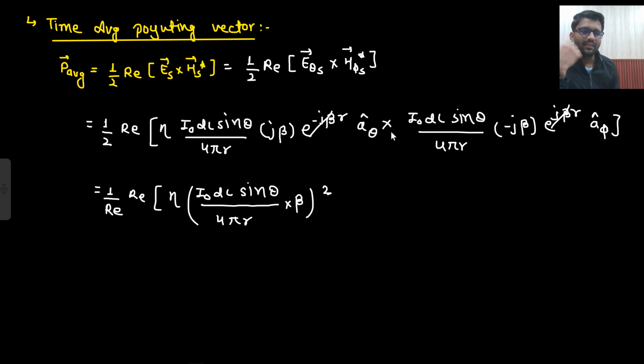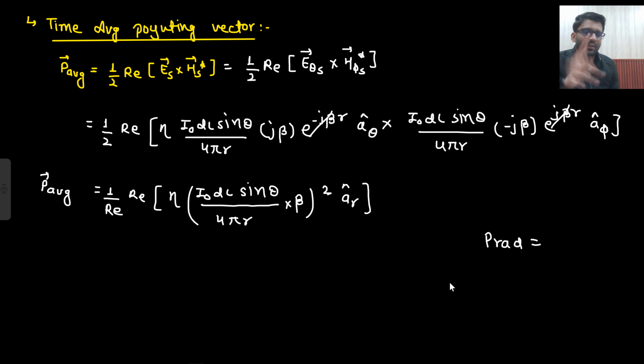What is that? A theta cross a phi is a_r cap. So this is some expression you are getting, and no one needs to remember it. You can simplify it more, but whatever expression you get in the end, no one needs to remember it. We only need to remember the expression of P radiated.